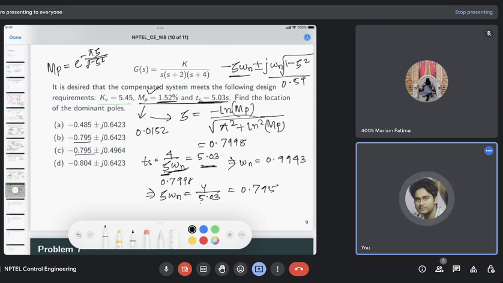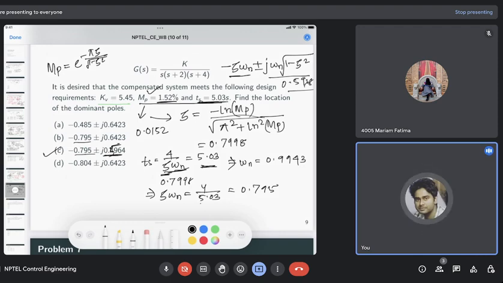Okay, I think some error is there, so it should be something 0.59, so this should be the correct answer. Okay, this is the location of this dominant pole.